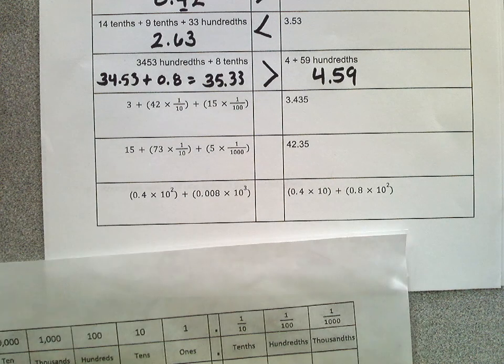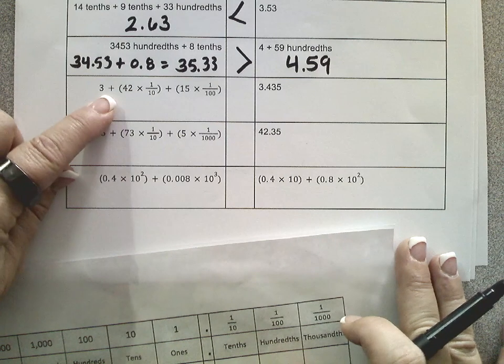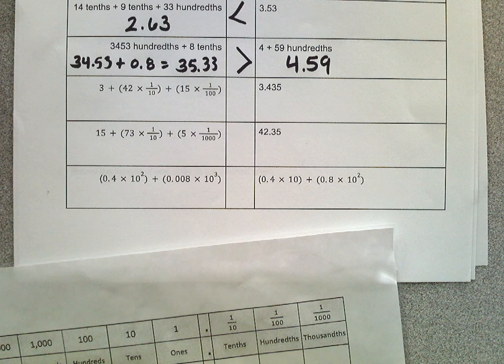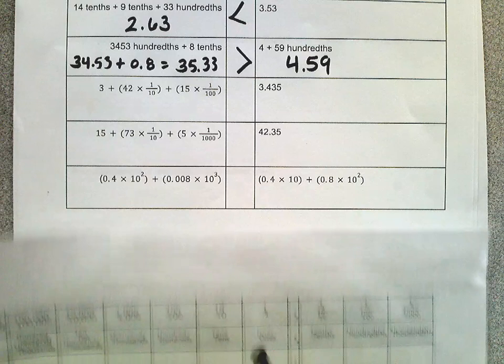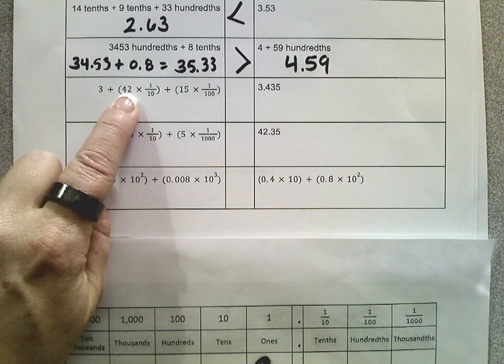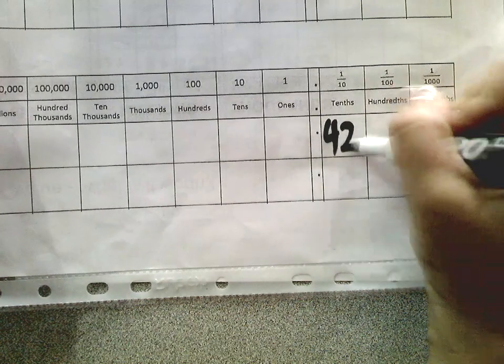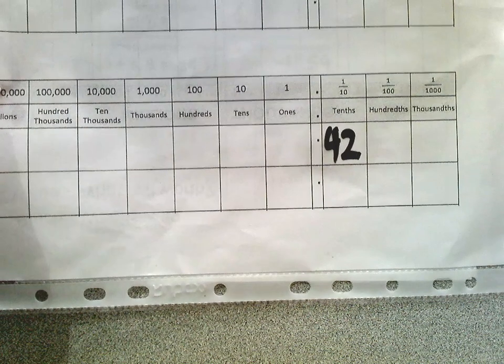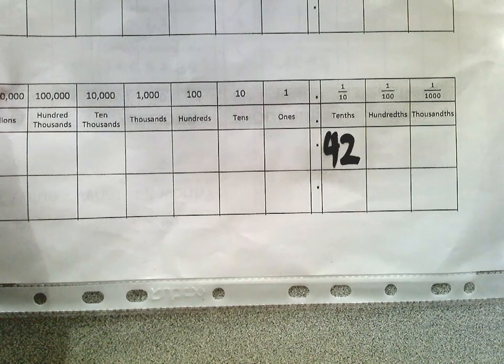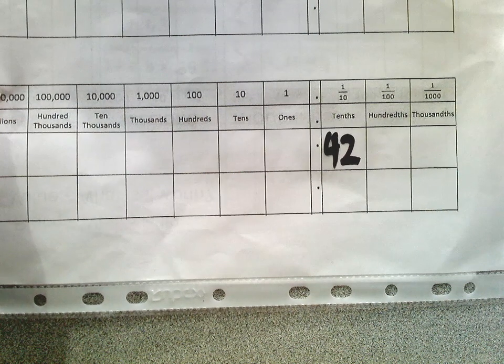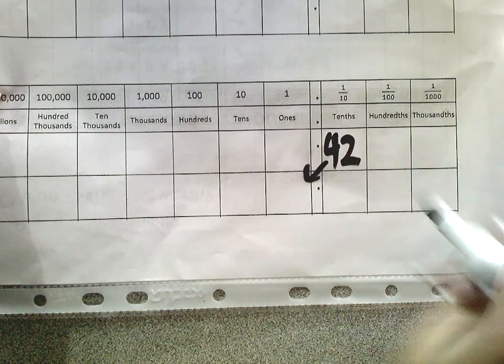All right, the next one we're taking a look at, we've got expanded form here. So we can go ahead and build our number. We have a 3 in the ones place. Oh, we have a 42 in the tenths place. Well, let's put that down here and look at that. You can't have a 42 in the tenths place, so we know it has to move over.